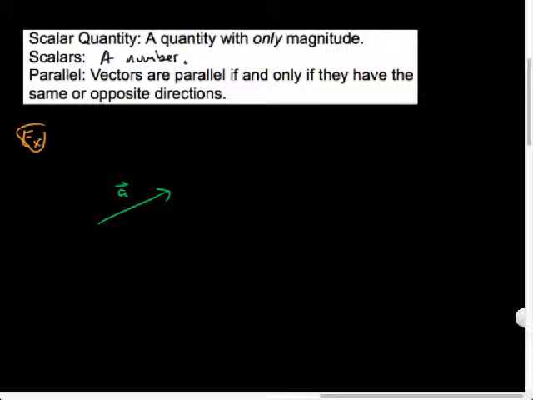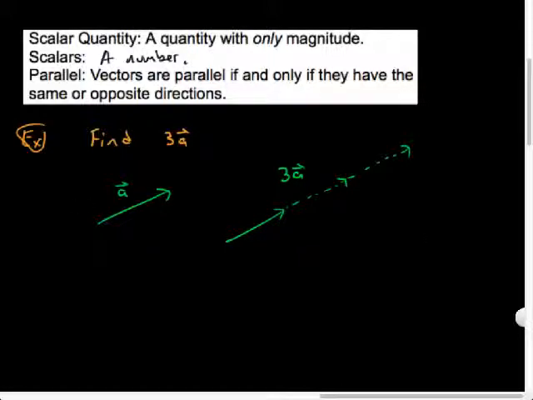If I wanted to find, say, 3A, well, all I would do is, oh, that's not quite the same direction, I would just measure it out 3 times the magnitude. The direction would remain unchanged.